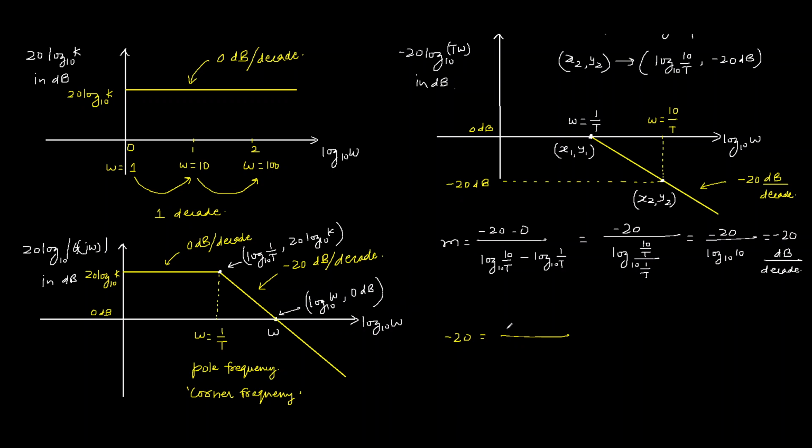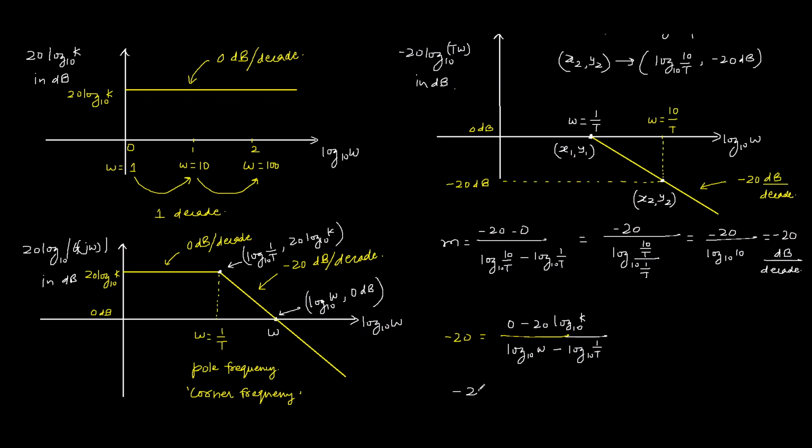Okay, so slope is minus 20 dB per decade, and value of y2 is 0 minus y1, which is 20 log k base 10, over x2, which is log omega base 10, minus x1, which is log 1 by t base 10.